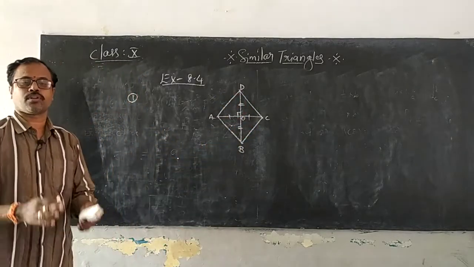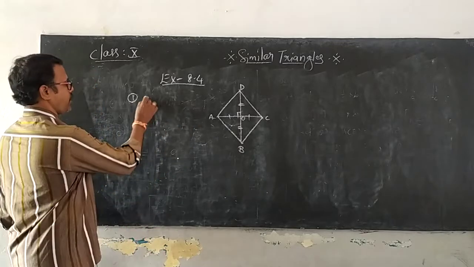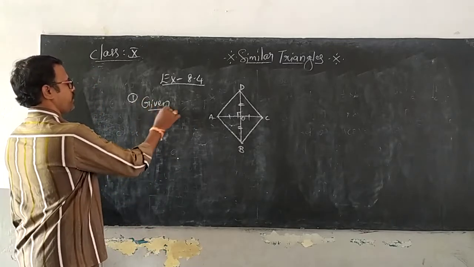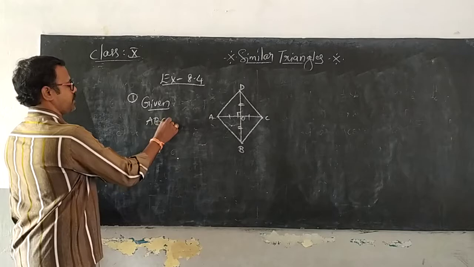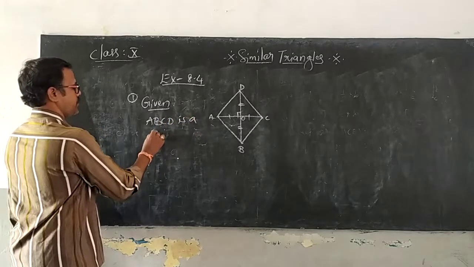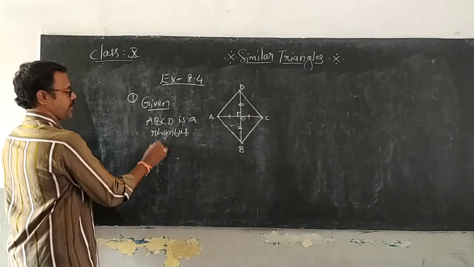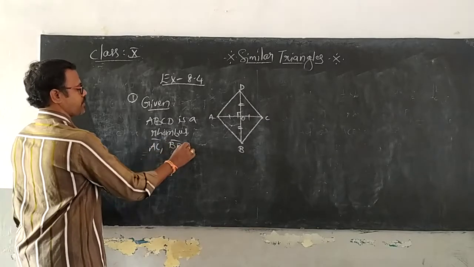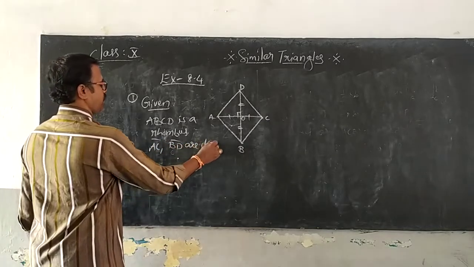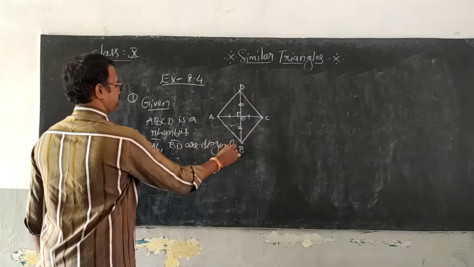These are the rules of the rhombus. Given, A, B, C, D is a rhombus. AC line segment, comma, BD line segment are diagonals.